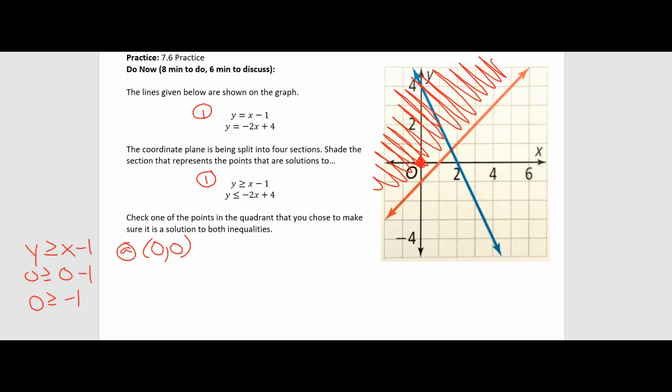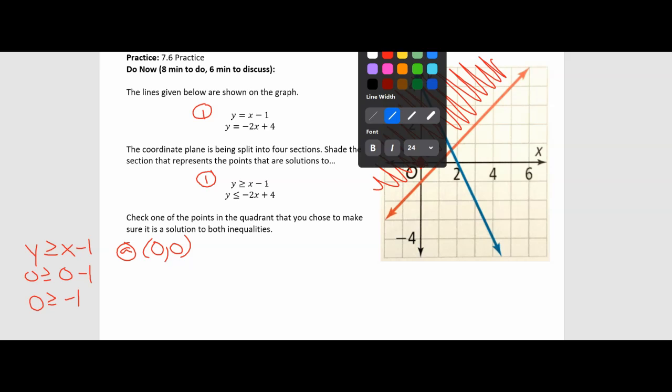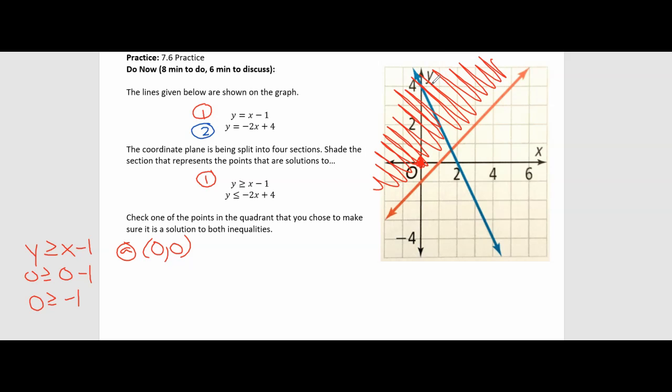Now let's try it for the blue. The blue being y is equal to negative 2x plus 4. That's the boundary line. And then we want to see which side to shade on for the inequality y is less than or equal to negative 2x plus 4. Again, I could use the test point 0, 0, because that's not on the line.